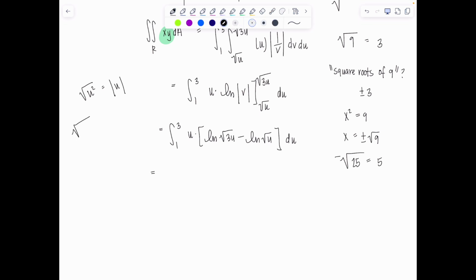If you have square root of negative 3 squared, what do you get back? 3, because you square it, it's 9. This symbol tells me give me the positive principal radical. But if I have square root of positive 3 squared, what do I get back? 3. So that's why absolute value of a variable quantity is what the square root of that variable squared simplifies to. Okay?